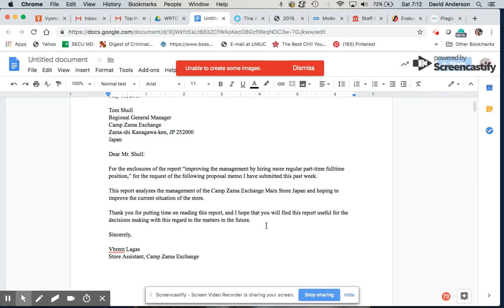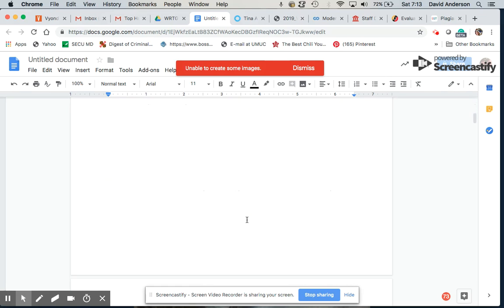Make sure to avoid statements like, I hope you find it useful, or I look forward to hearing from you, because the reality is, more often than not, the true decision makers are way up the food chain, and if they choose to investigate further or work towards implementation, it will be farmed out to a committee and a subcommittee and a subcommittee of the subcommittee. So the individual decision maker, the one who really has the power, is not going to call you back. You just want to make sure that you're offering your insight into the situation. So you need to tighten up this letter of transmittal a little bit.